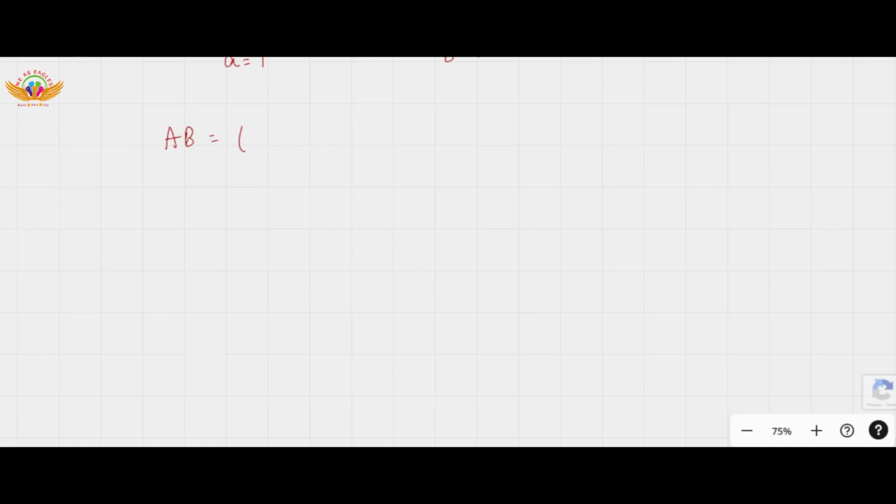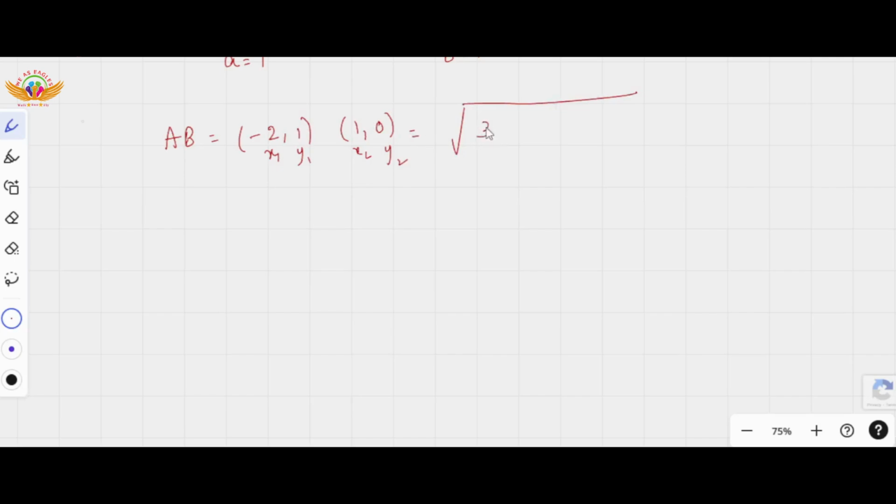A is minus 2 comma 1 and B is 1 comma 0, because we got the a value as 1 right here. So this is our x1, y1 and this is our x2, y2. Now let us do directly root of (1 plus 2) whole square, that is 3 square plus 1 square, equal to root 9 plus 1, that is equal to root 10. We got the value AB.